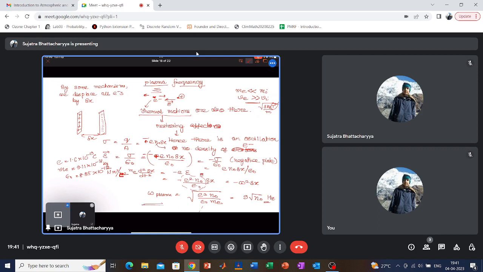And another thing is the plasma parameter, which is important also, that is the number of electrons present in a unit sphere of influence, that is, radius is lambda d, and this is given as lambda equals 4/3 pi lambda d cube into n. That's all.